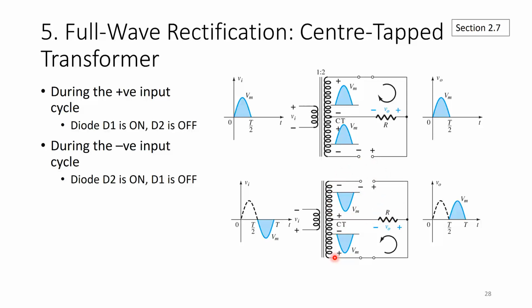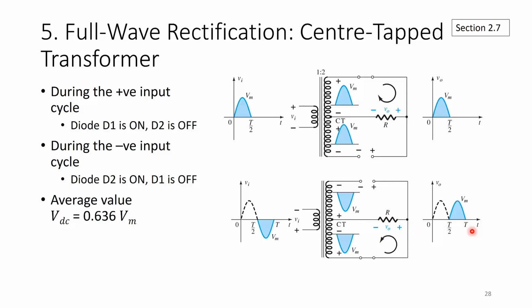But the bottom section, from this ground, will give a higher potential to the positive terminal, so this one will become a short circuit, and at this point the bottom section will turn on. So D2 is on and D1 is off.